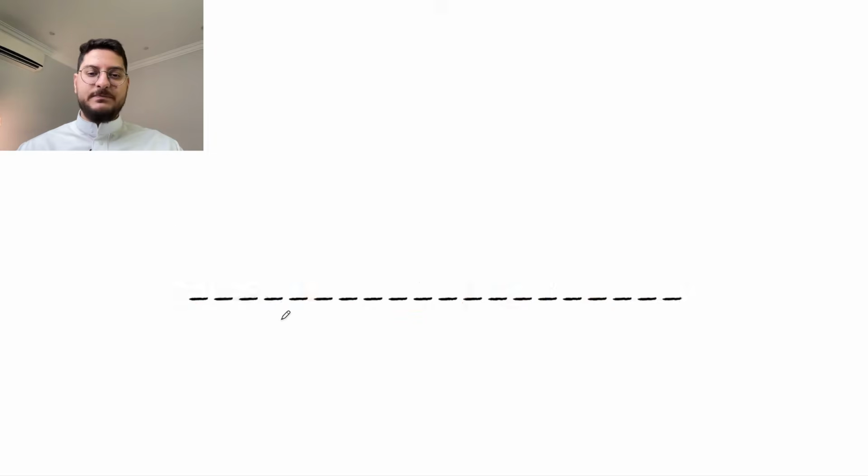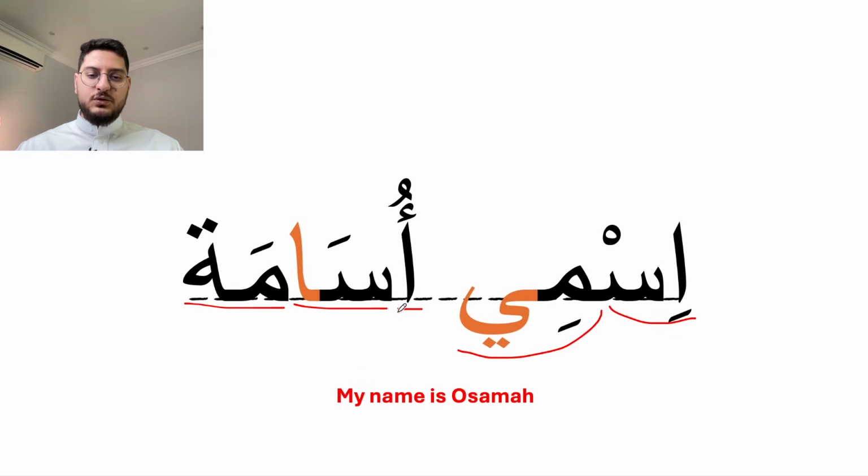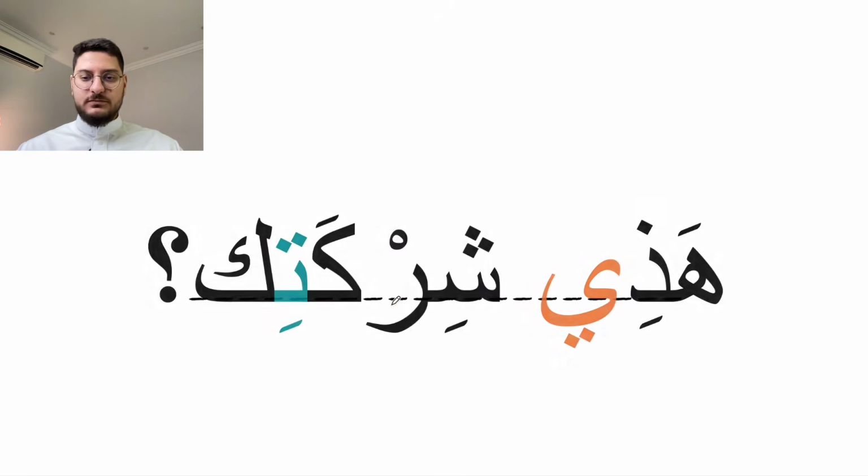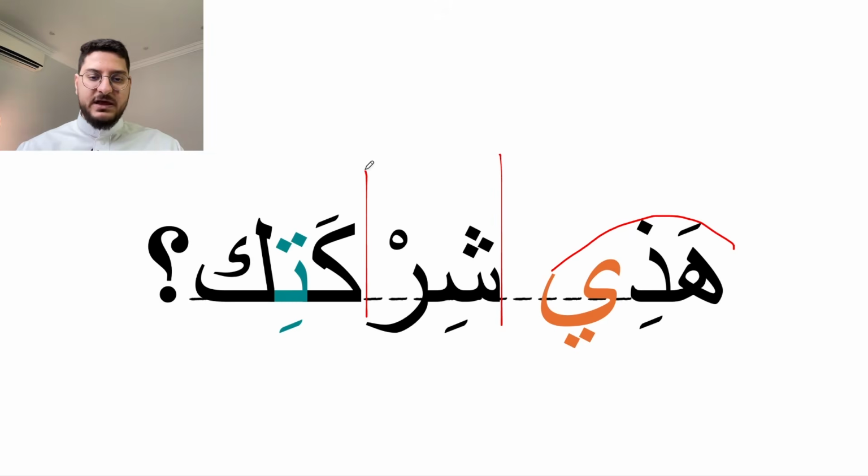Notice how U is just a Hamza with a Dhamma. U. Let's look at this sentence. So the first word in it is hadi. Remember, hadi means this, pointing at a female. And then we have this word. Let's split it into syllables. Here we have a kasra. Here we have a fatha.